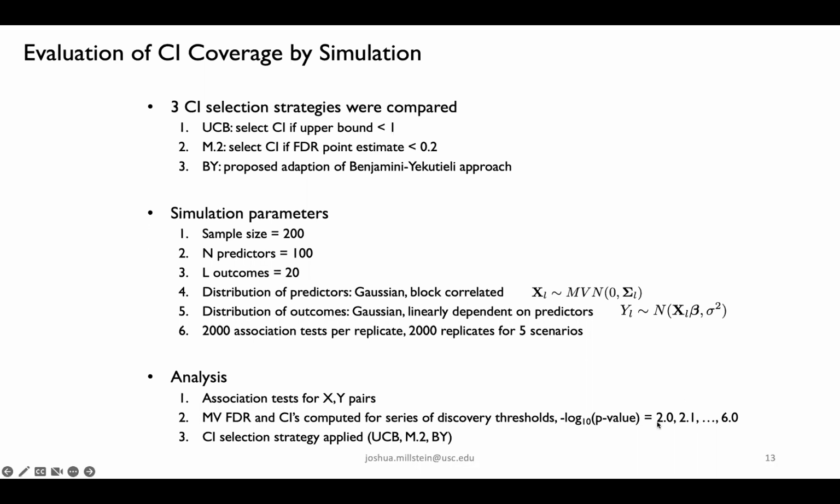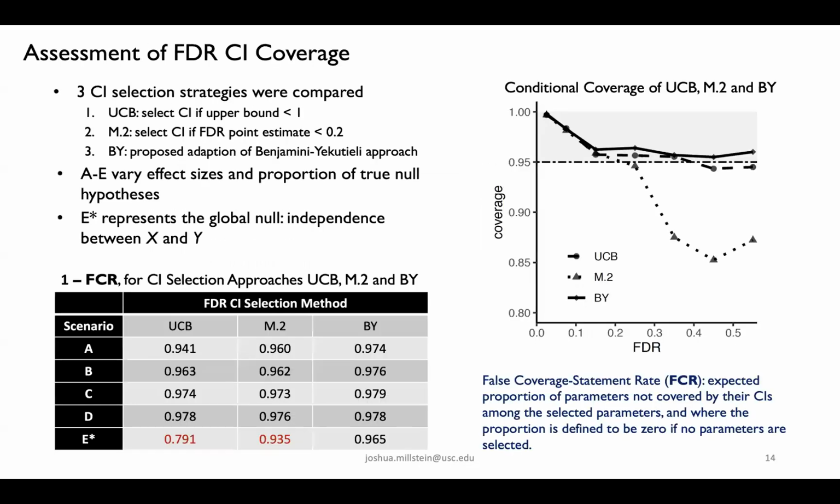The thresholds in the simulation, I set a series of thresholds from negative log10 of p-value equal to 2, equally spaced, up to 6. Knowing that for these data, if there's an association, the p-value will most likely fall in that range.